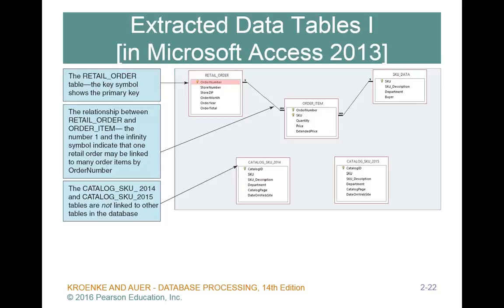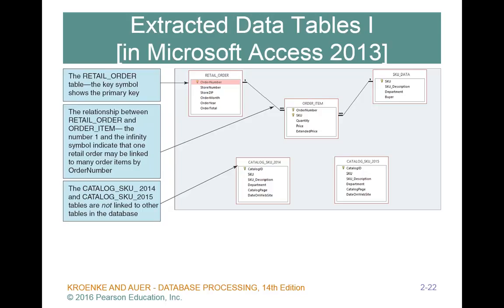This next slide is a breakdown of the extracted data tables and how the relationships, or how the tables, are associated with one another. We have our one-to-many relationships between retail order and order item, and SKU data and order item.